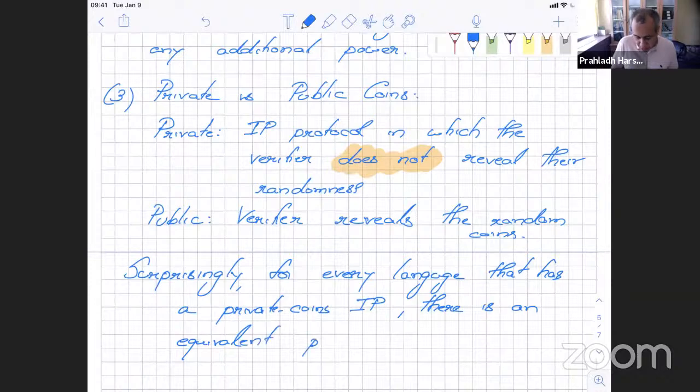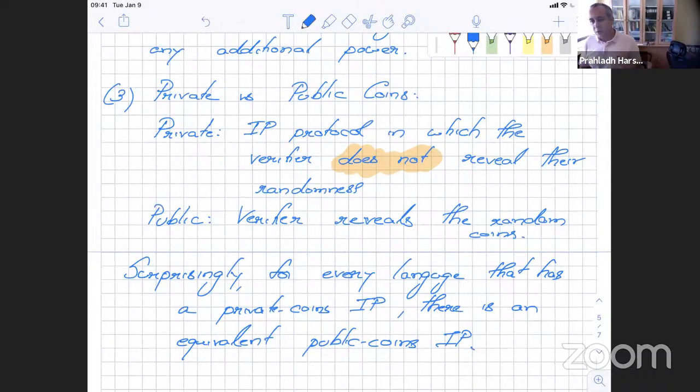This might seem shocking, and in fact we will do this. I won't prove this theorem in its full generality. At least for the case of graph non-isomorphism, we will give an alternate protocol which is fully public coins and still has this feature. It will be a public coin protocol in which the verifier reveals the randomness at every round, and yet it will be convinced at the end of the protocol that the 2 graphs are non-isomorphic.